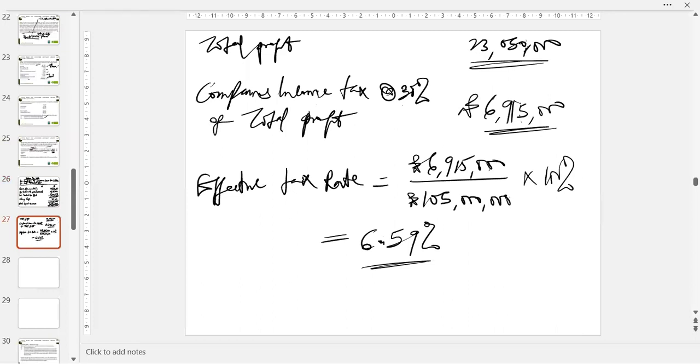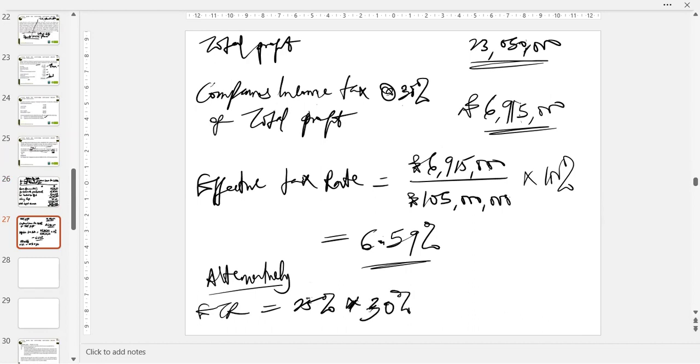So now, alternatively, our effective tax rate is 25%, which is the fair and reasonable percentage, multiplied by the applicable tax rate. So we should have the same thing. If you do not have the same thing, then something is wrong somewhere.